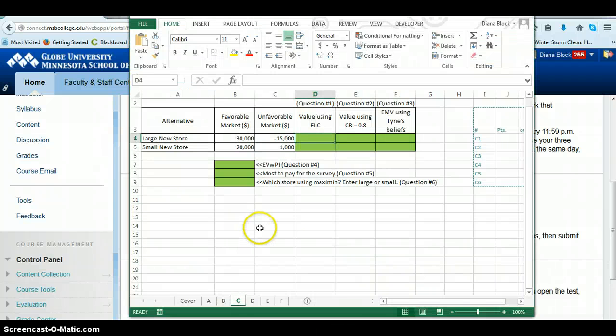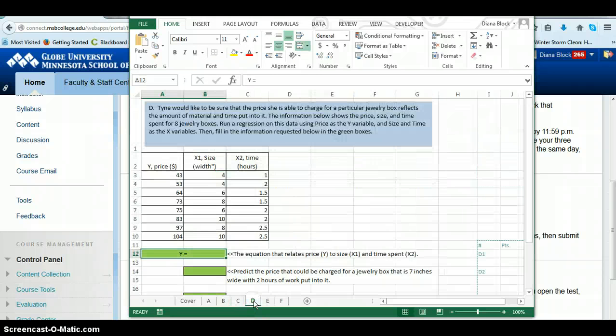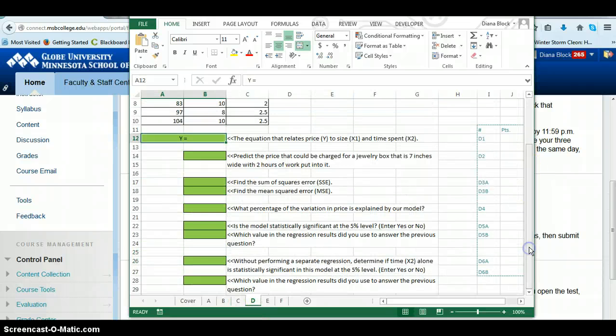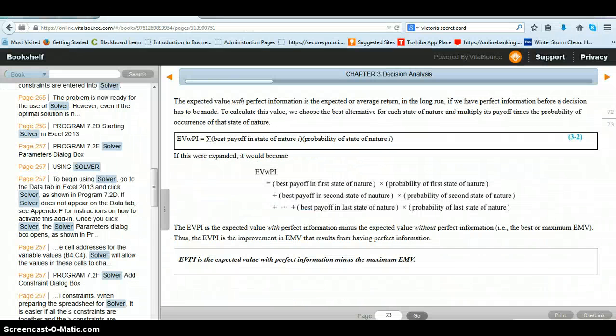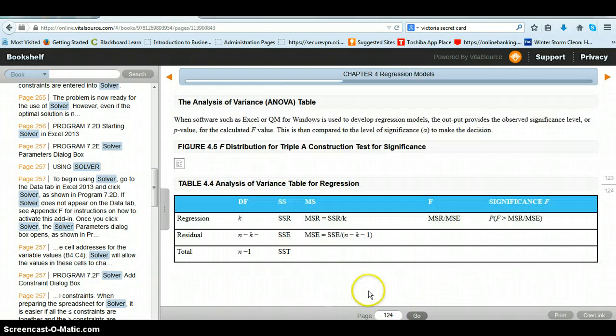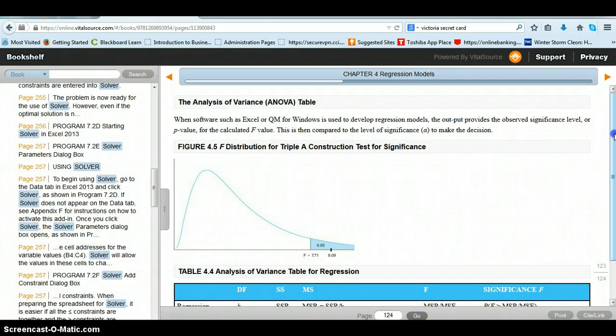Here we go. So here is problem D. Problem D is a regression analysis problem. So you'll remember that we did the regression analysis, and we have to enter our data into the regression analysis tool in Excel, and then read that data to get information about our problem model. So to review this, go to about page 124.